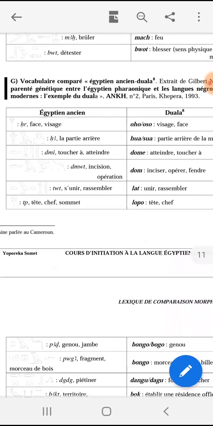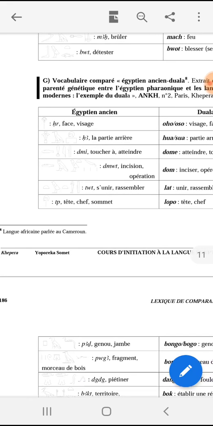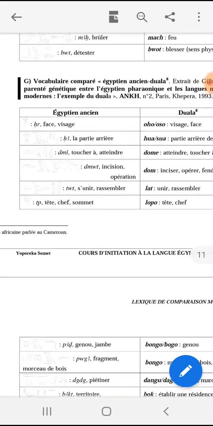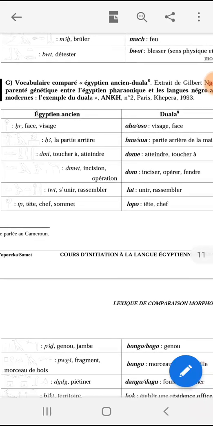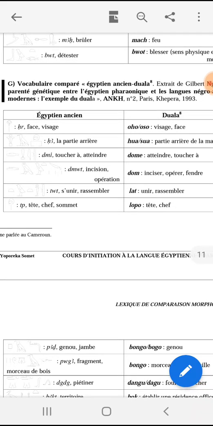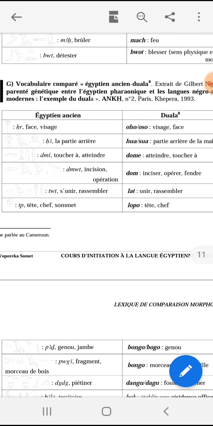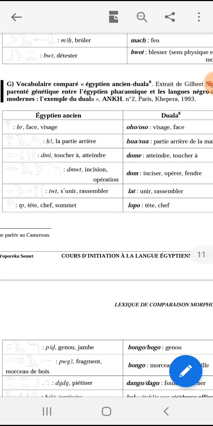And now moving right along, comparison between the Medu-Neter and the Douala, which is a language spoken in Cameroon. In Medu-Neter, you have Hr, meaning face. In Douala, you have Oho, also meaning face. In Medu-Neter, you have Ha, means the backside.